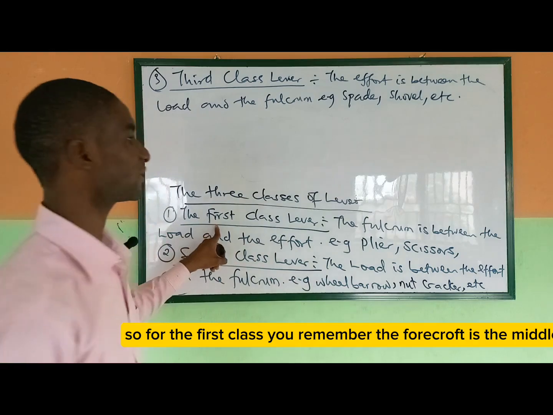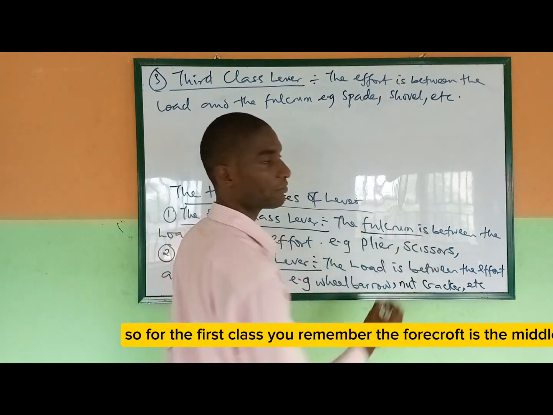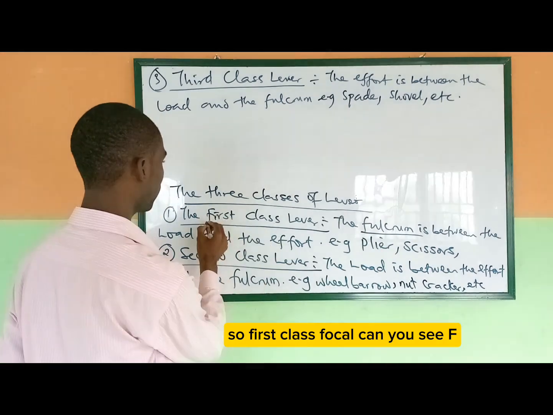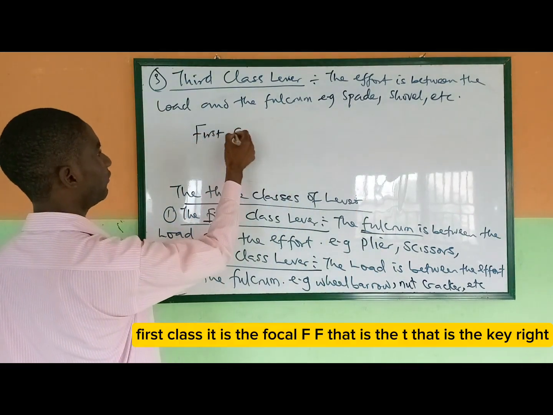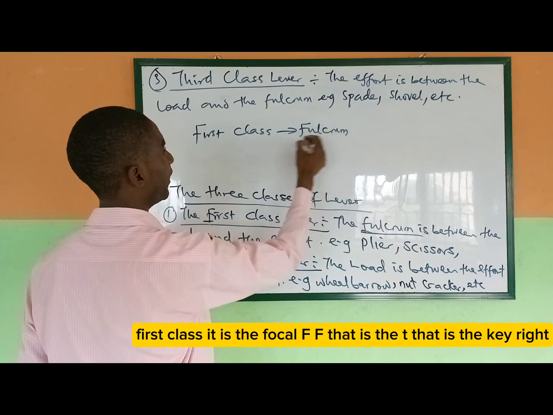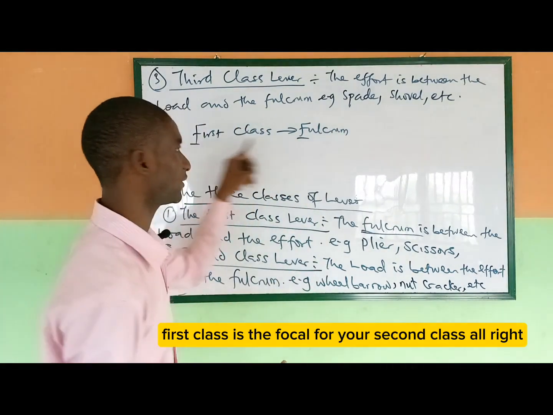So for the first class, you remember the fulcrum is at the middle. So first class, fulcrum, can you see F, F, F? That is the tip, that is the key, all right? First class is the fulcrum.